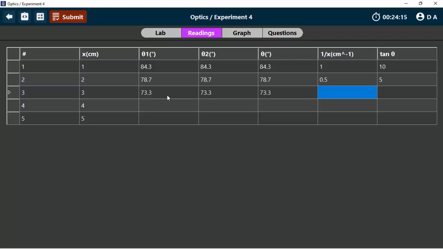Then the reciprocal of x, which is 1 over 3, is 0.33. Then the tan theta is equal to 3.33.